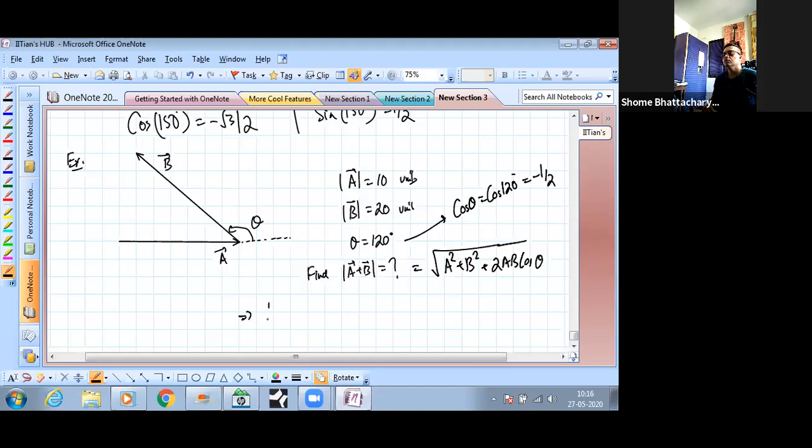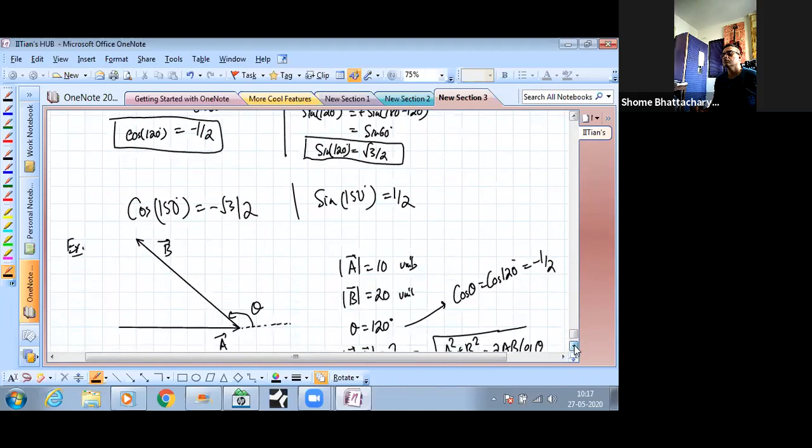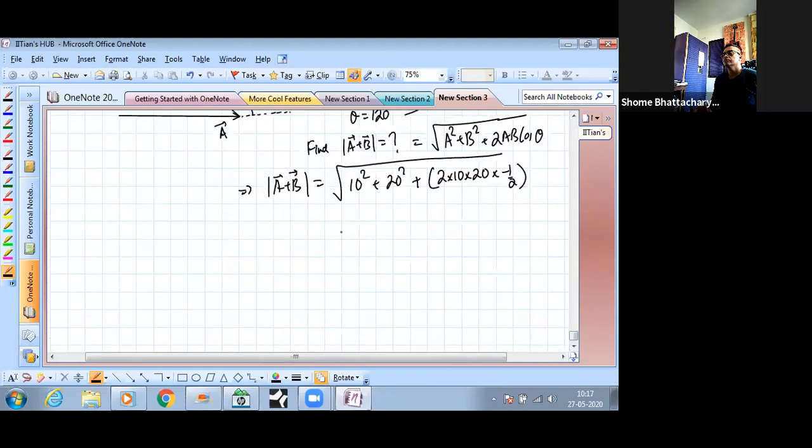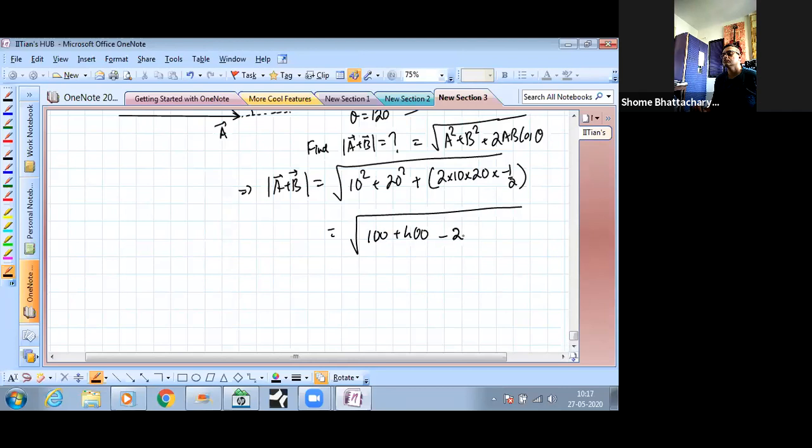So this becomes the root of a square plus b square plus 2ab times minus half. So this becomes the final solution.